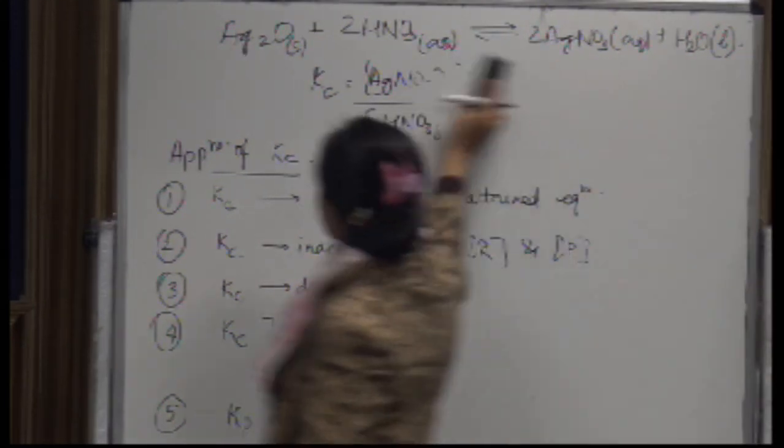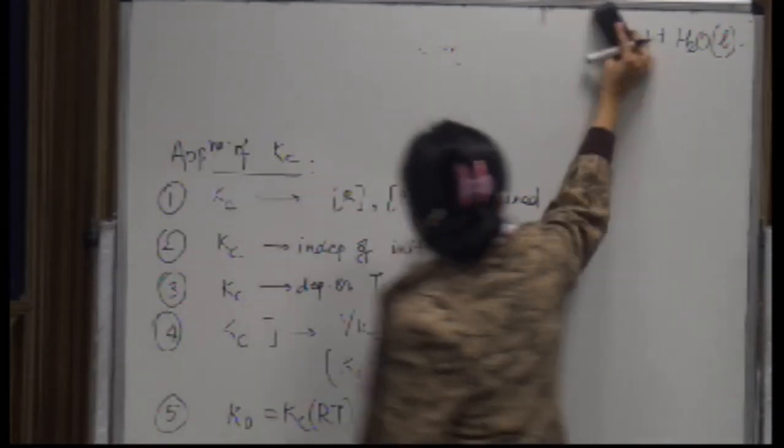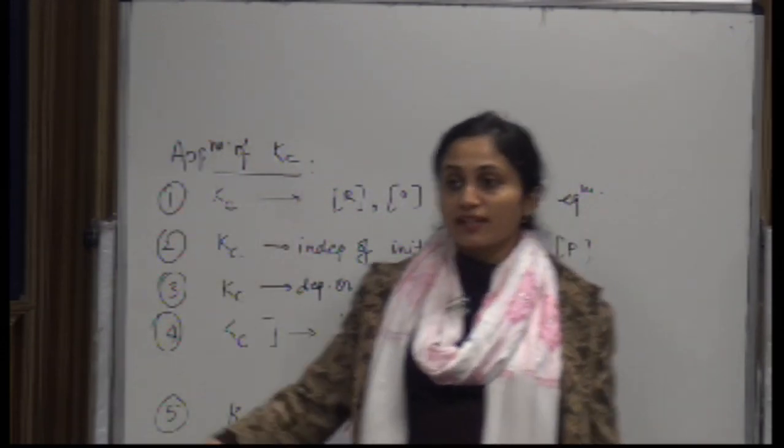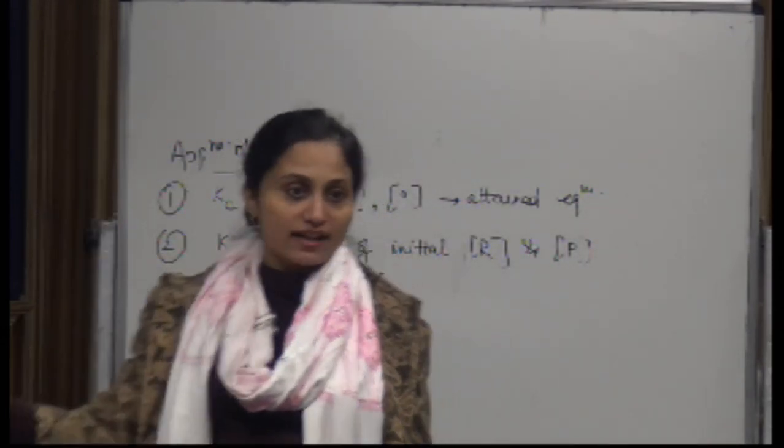Then another important thing is to understand the range of Kc. The moment I say Kc, you know products are in the numerator and reactants in the denominator.